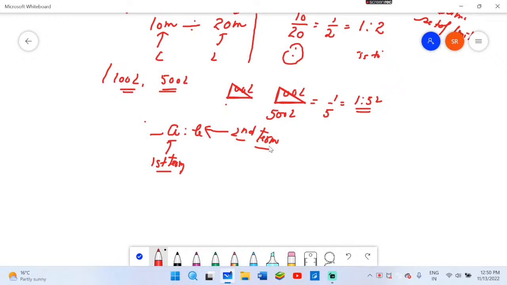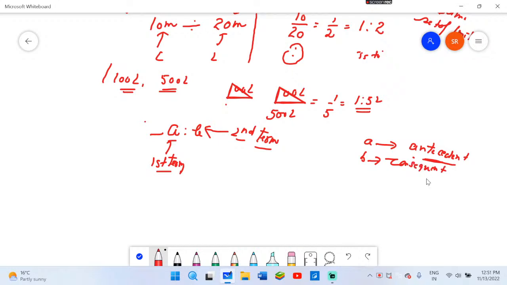The other names are, A is called antecedent, A, antecedent, and B is called consequent.